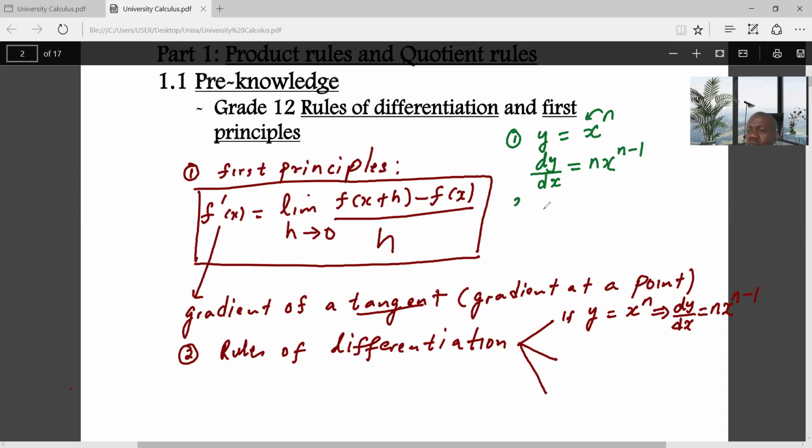Number 2 says if y equals kx, where k is a constant, then the derivative of y with respect to x is k.